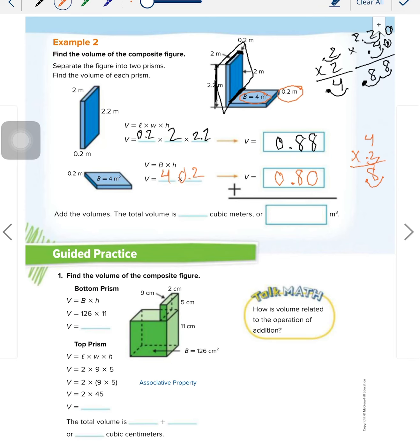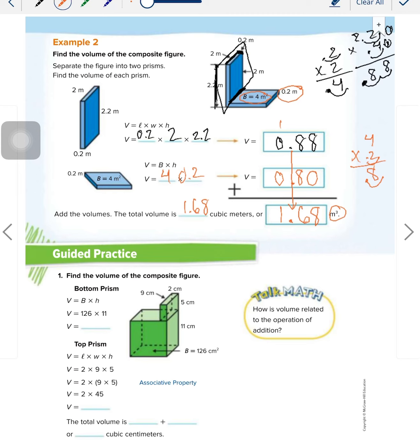Okay, so 8 plus 0 is 8. 8 plus 8 is 16. Carry the 1. 1 plus 0 is 1. And we just bring our decimal place straight down. So we end up with 1.68 cubic meters, or 1.68 meters cubed.